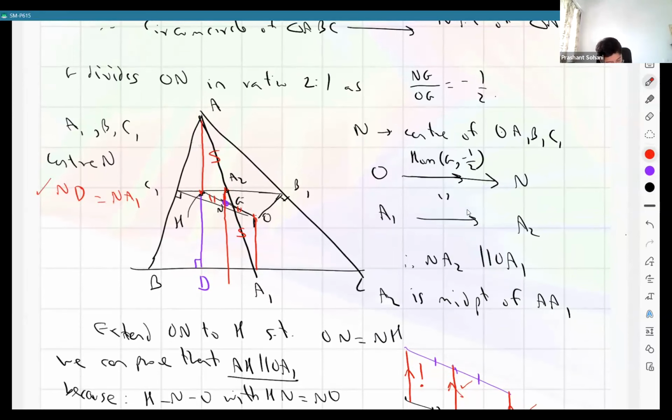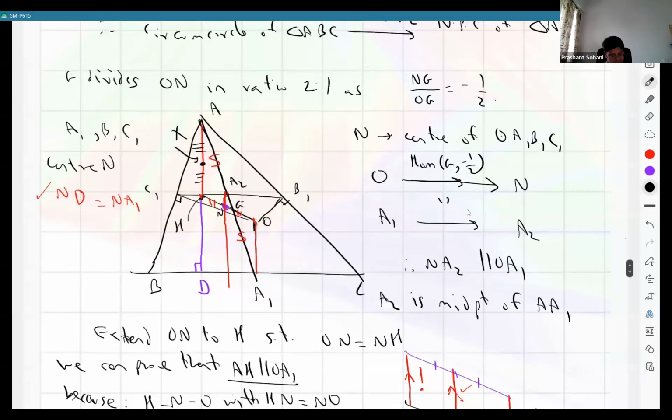And the second part is what about the midpoint of AH? So if I take the midpoint of AH as X, then I don't see the exact calculation here, but somehow I think we can get AH is 2 times OA1, which is again a property we know.